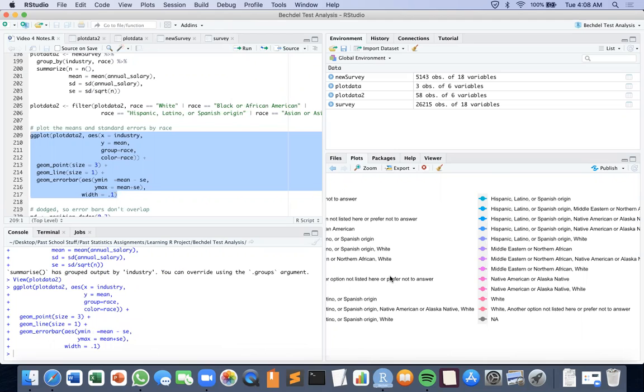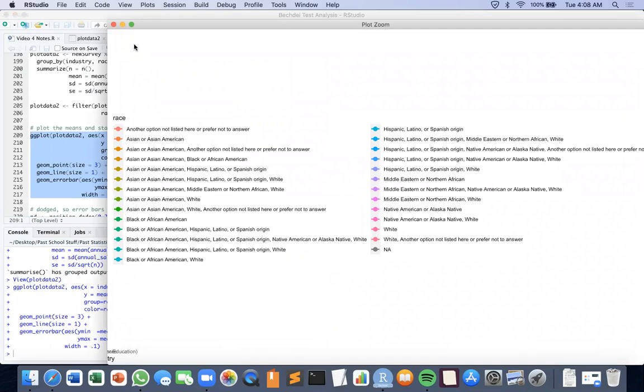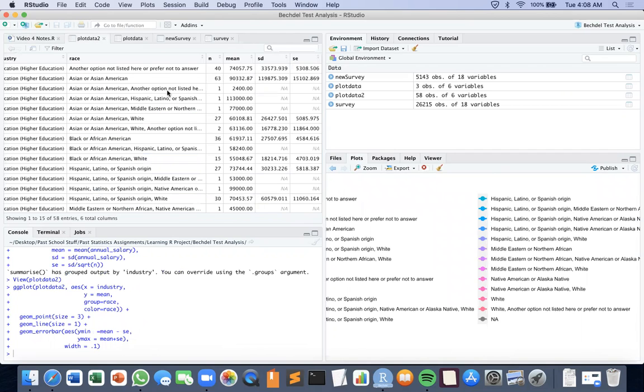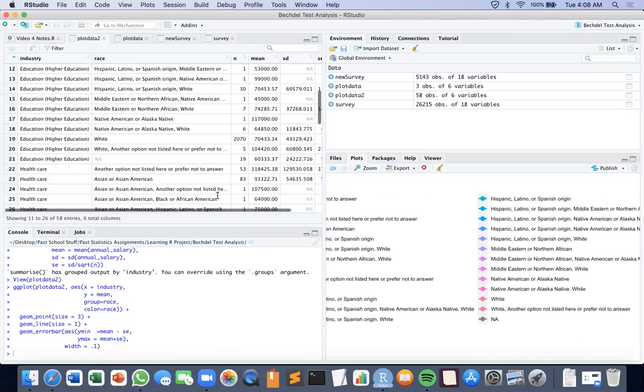Yeah, so we end up with kind of this mess where we can't even really see the graph, because there are so many people self-reporting their race in this survey, which is good, obviously, but we can see we have a lot of categories where there's just one or two people, and then mostly mixed race categories.